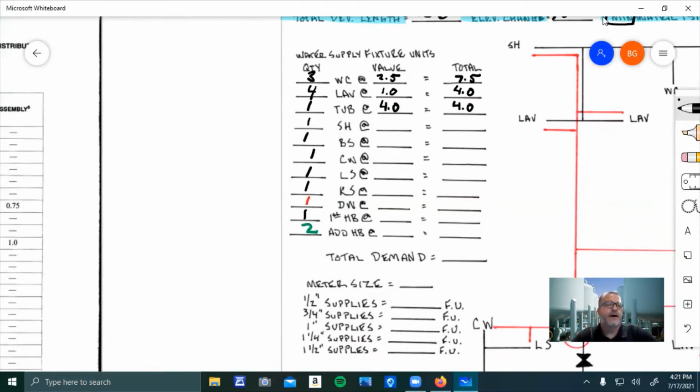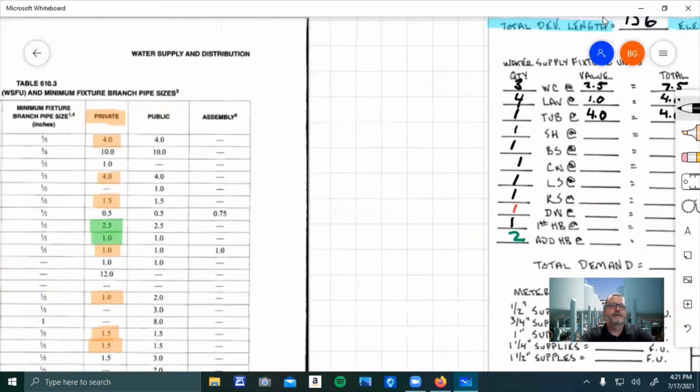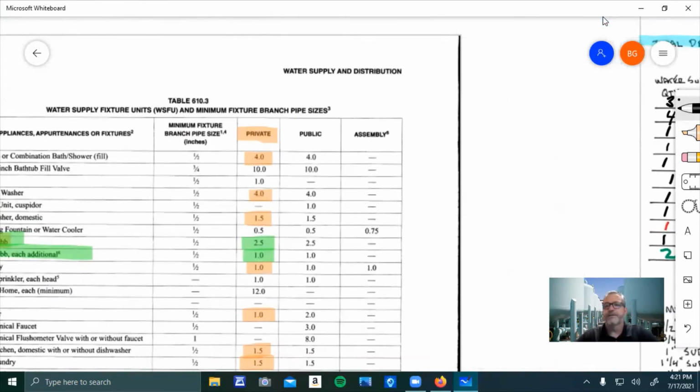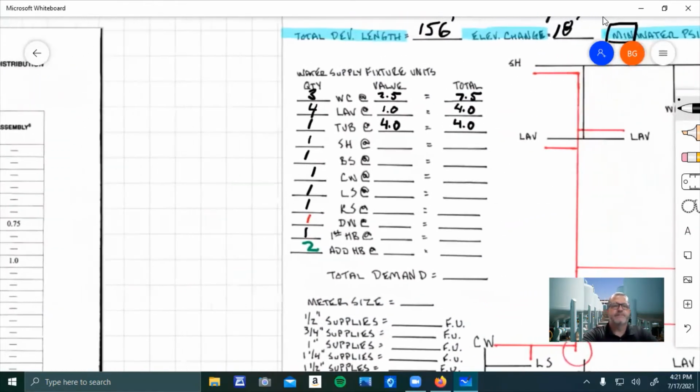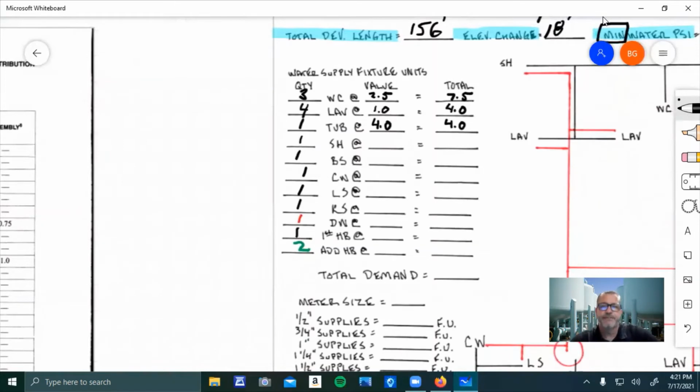And again, all of that was taken off of this table, table 610.3. All of our fixture unit values come from table 610.3. Matter of fact, let's put a little parentheses in there and call it table 610.3.